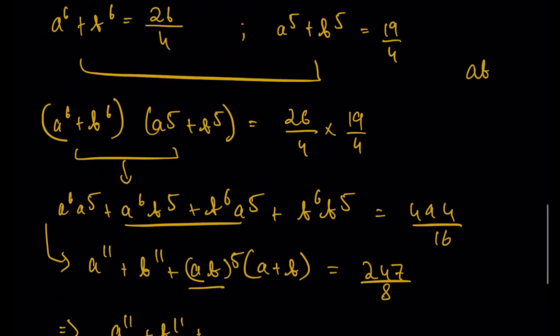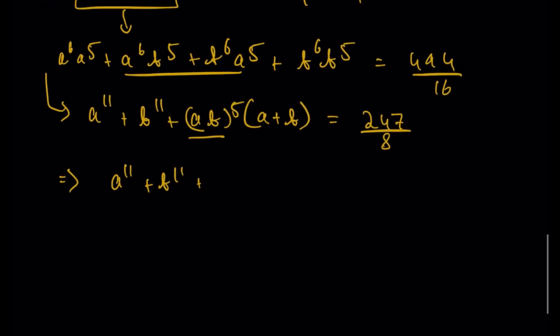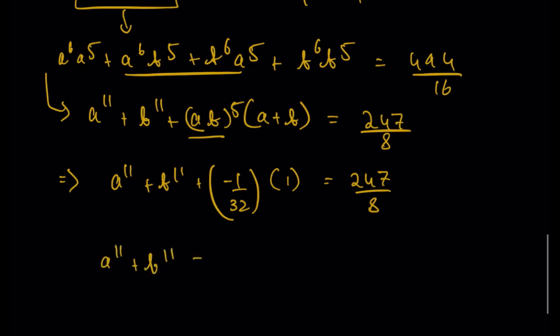So ab is -1/2. As the power is odd, the answer would be negative. So -1/32 if you raise it to the power 5. 1/32 multiplied by 1, with 247/8. So a power 11 plus b power 11 comes as 247/8 plus 1/32.